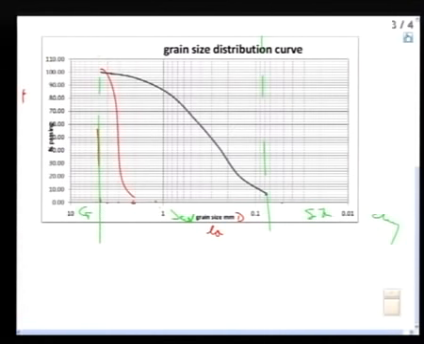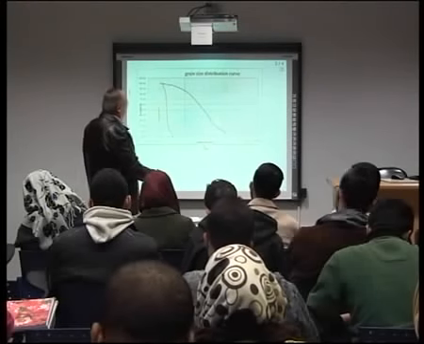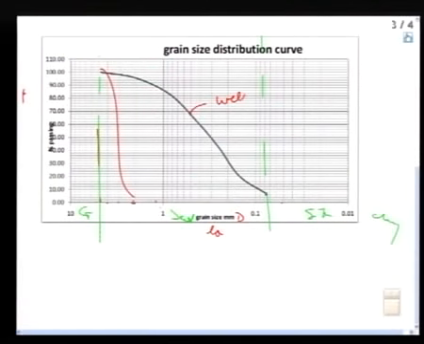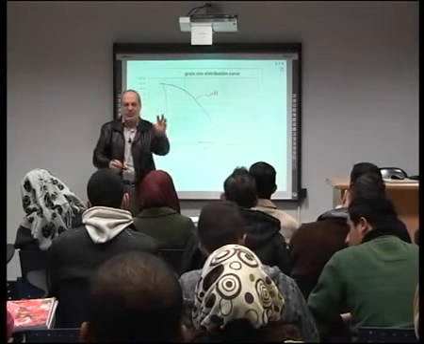So it's not just that it gives me how much sand, how much gravel, how much silt, how much clay only. It also describes what kind of distribution, the real distribution. For example, this one we call well distributed. Why is it well distributed? Because I have different sizes of particles. I have big, small, medium.